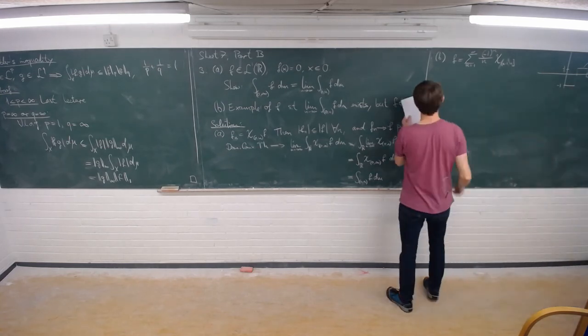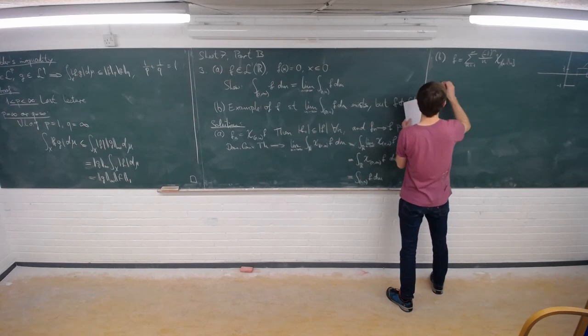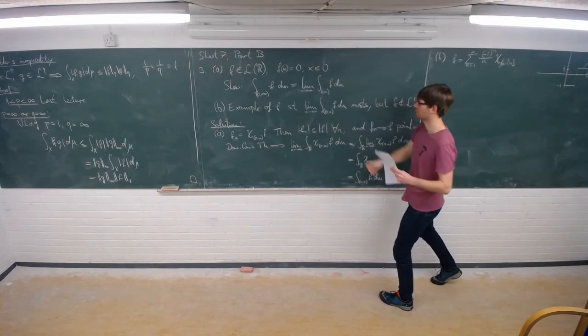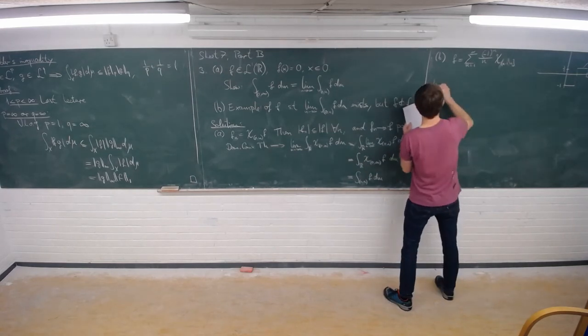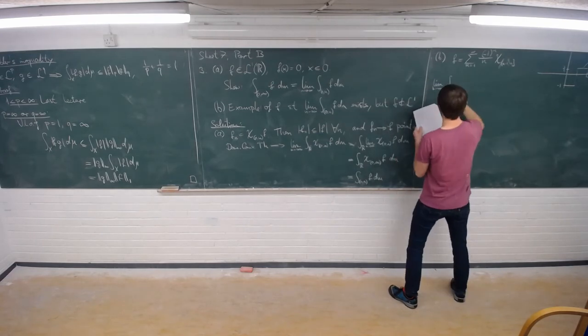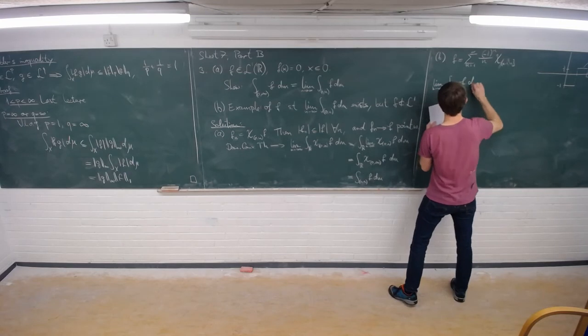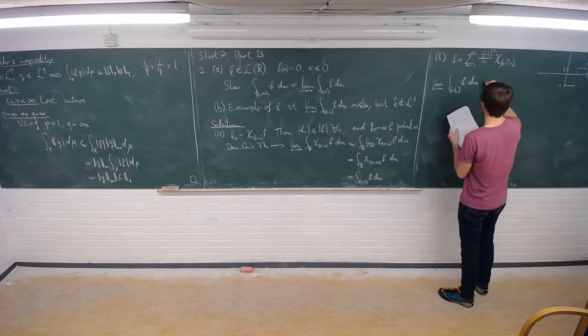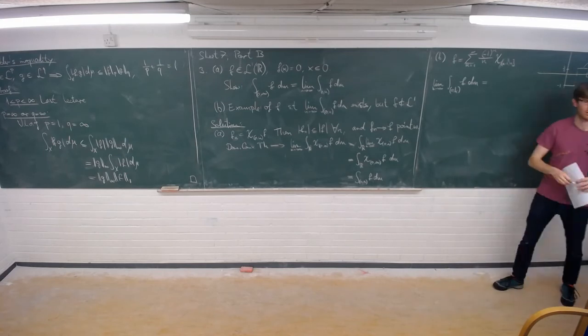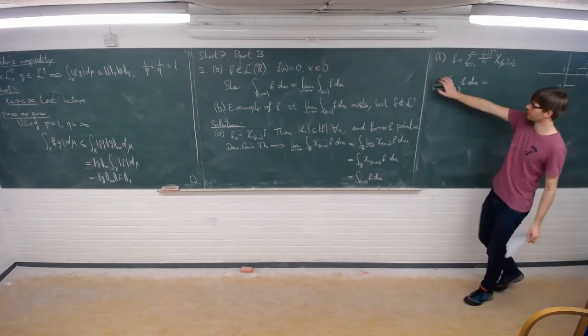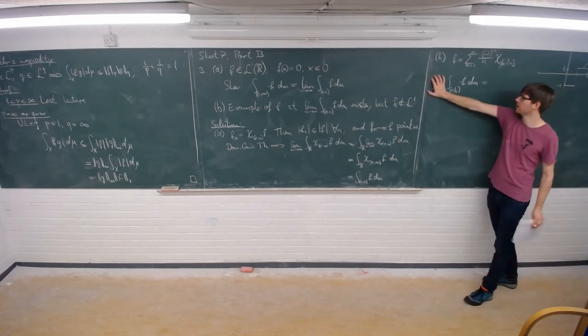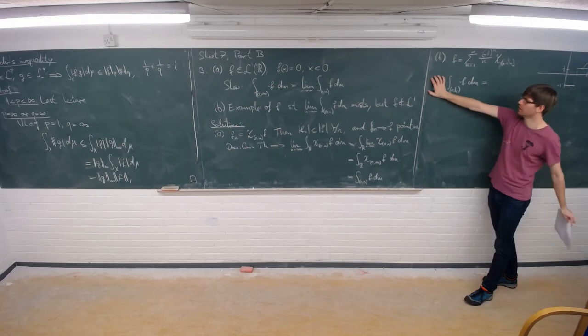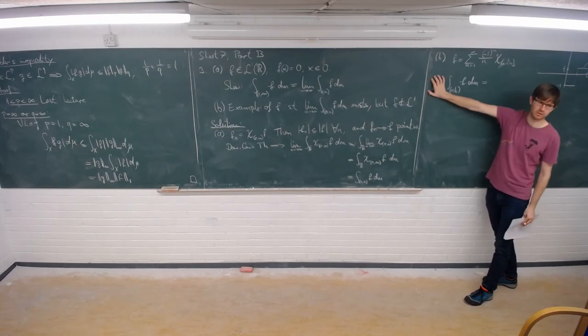And then, of course, if we look at this limit of integrals, limit k to infinity integral from 0 to k f dm, well, if we forget about this limit for a second, then this integral is just an integral of a simple function, right?